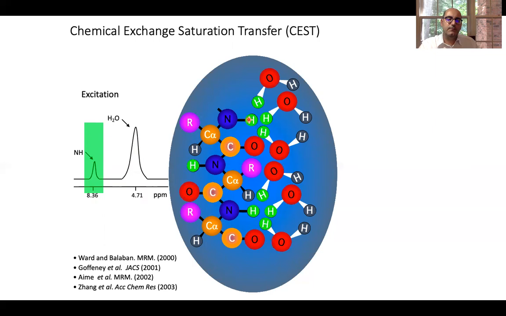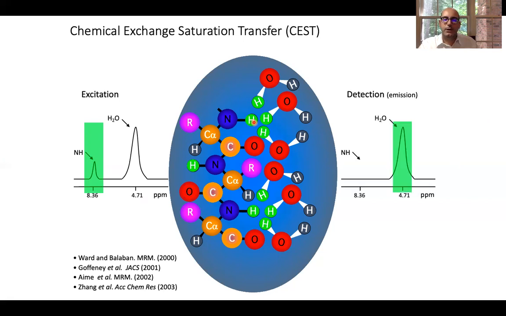So they physically jump from our imaging probe into the water, but since the exchange rate is hundreds or thousands of hertz, and we can saturate for several seconds, we have hundreds or thousand-fold amplification of the contrast based on the imaging probe, and therefore we can do the detection as a reduction in the signal that we obtain from the water molecules.